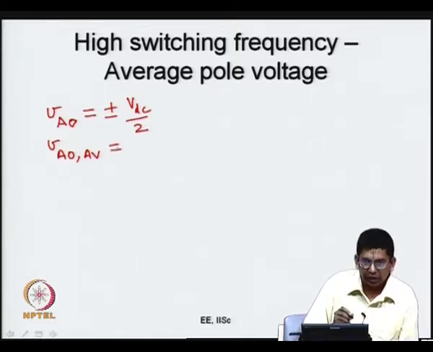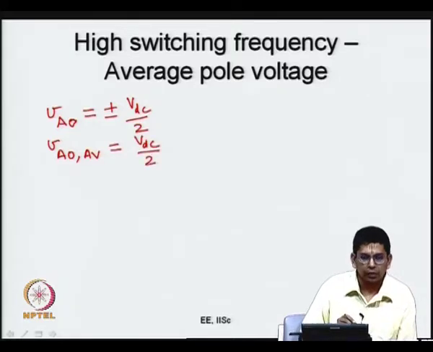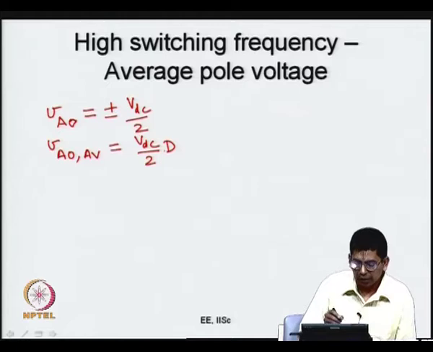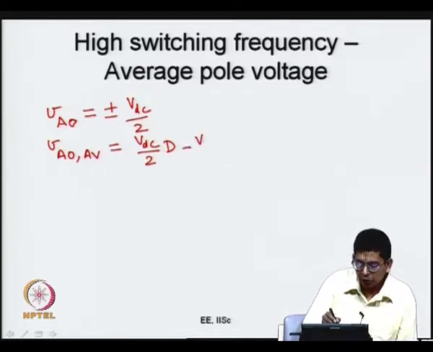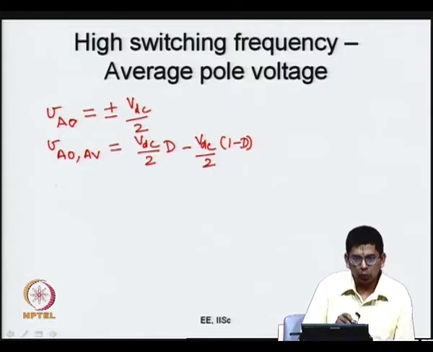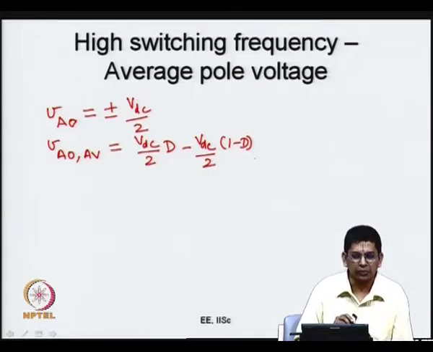You apply VDC by 2 for whatever is the duty ratio, D times Ts. Then you apply minus VDC by 2 for the remaining duration, which is 1 minus D times Ts, and you average it. Your average pole voltage will be equal to VDC by 2 into D minus VDC by 2 multiplied by 1 minus D. This is what is going to be your average pole voltage.